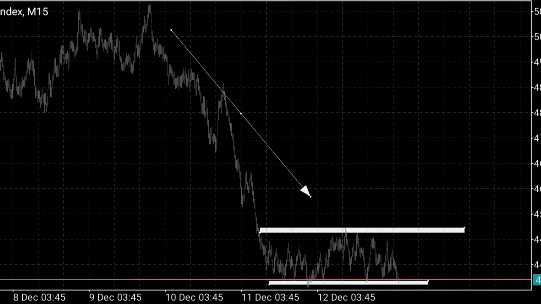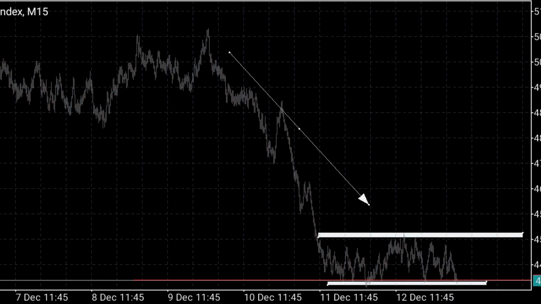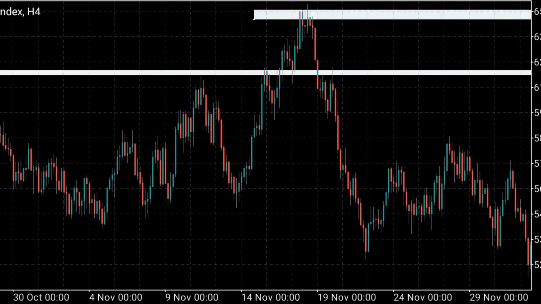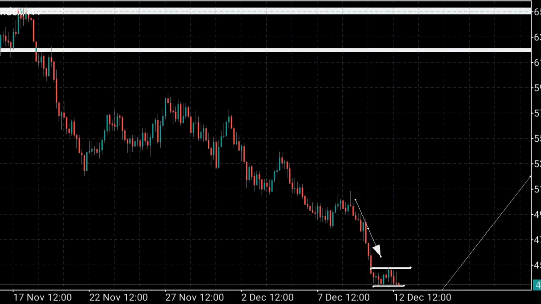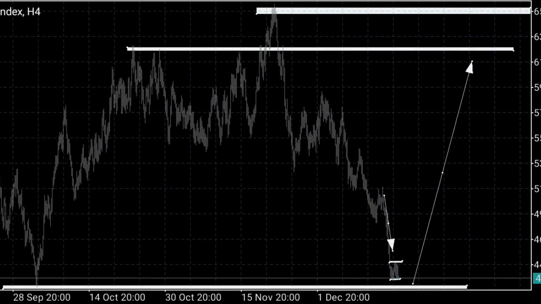So every time you see a rectangular pattern like this, it stipulates it's a continuation pattern. So it might give a very massive push to the downside, because we have to go and test this level on the bigger time frame, on the 4-hour time frame. So it's not yet completed.